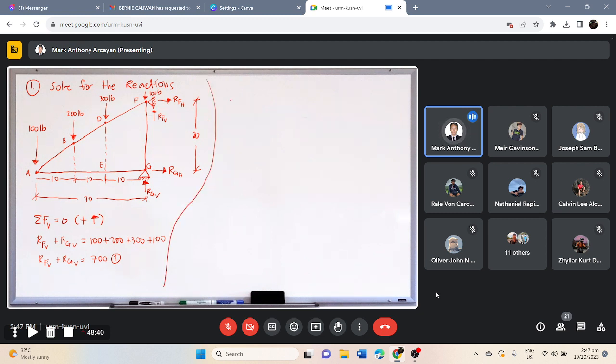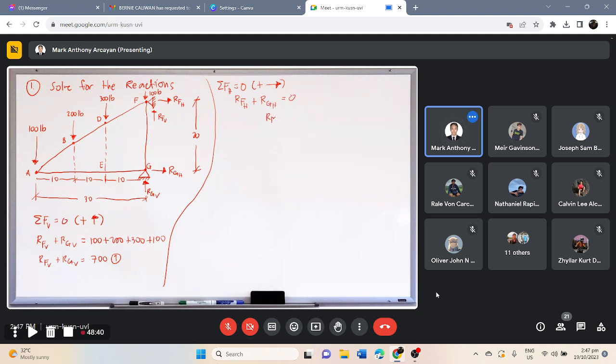Next, summation of forces horizontal is equal to 0. Positive is towards the right. We have two horizontal forces, no? These are RF horizontal plus RG horizontal equals 0.